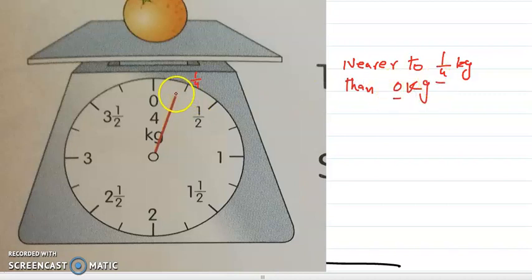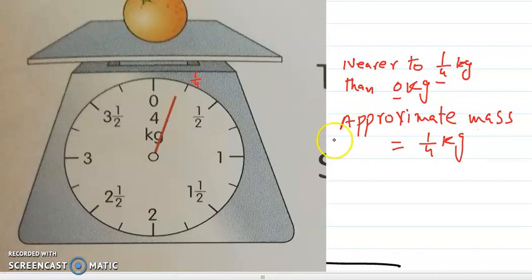As I'm rounding to the nearest measurement unit, not to the nearest kilogram, it will be nearer to quarter kg than 0 kg. So in that case, the approximate mass is equal to quarter kg, because it is near to the quarter kg. So I will consider this point here.